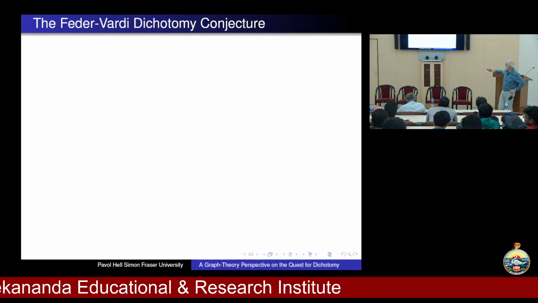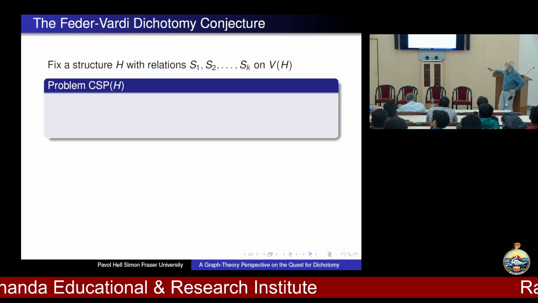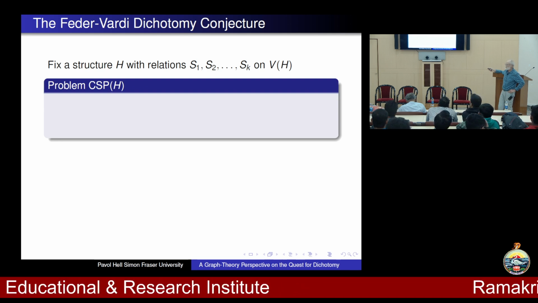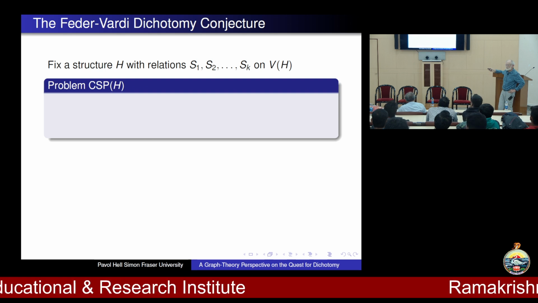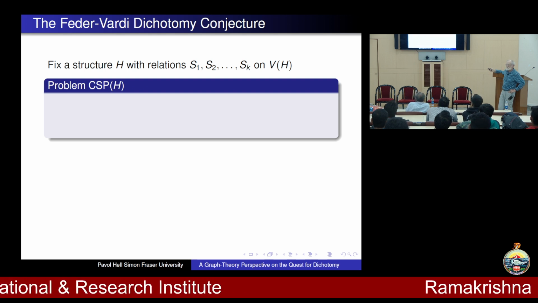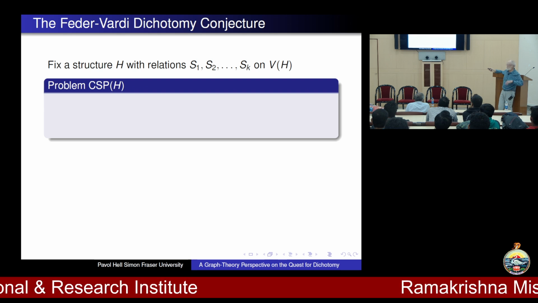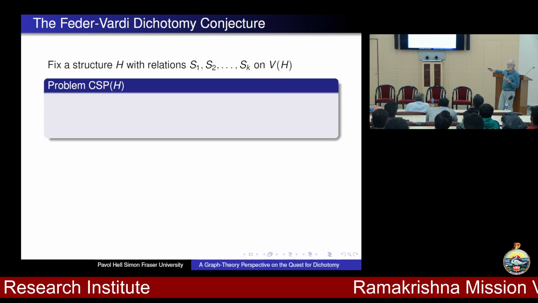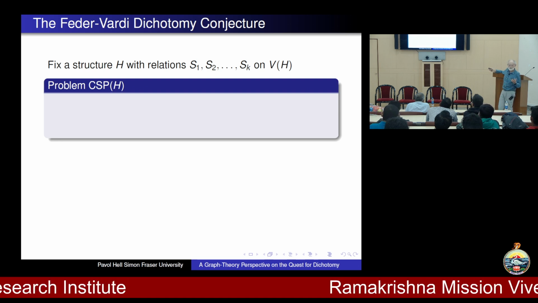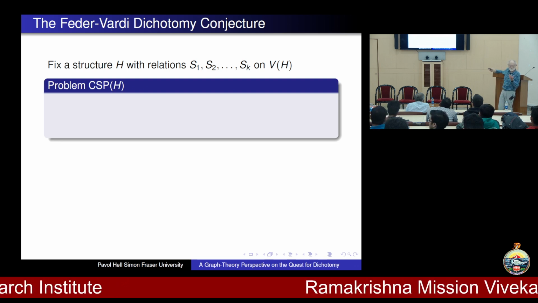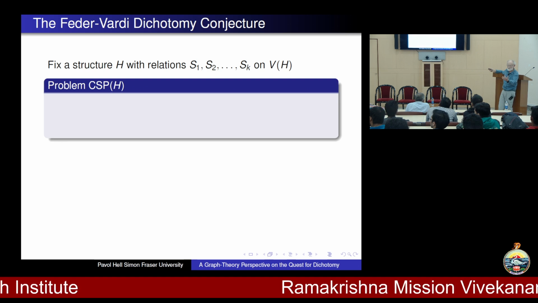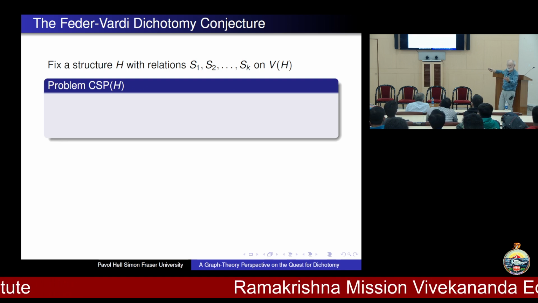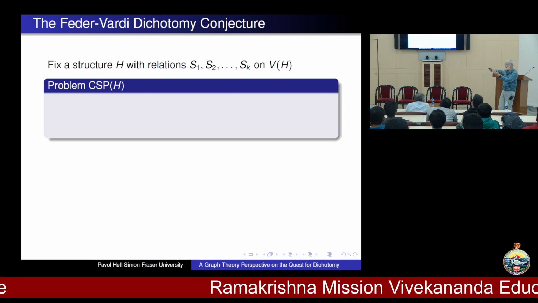So what Feder did, and then collaborated with Vardy on writing a paper about it, he said, let's play the game that Schaefer did, but not on 0, 1, but on an arbitrary set. So take a structure which has vertices and relations, and you take a finite number of relations of finite arities on those vertices. So I give you a set of vertices, and I give you on the set 1 ternary relation and 2 relations of arity 5.